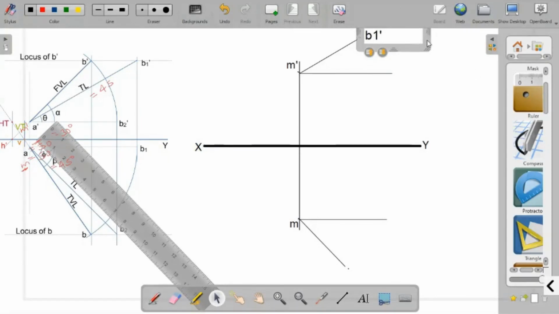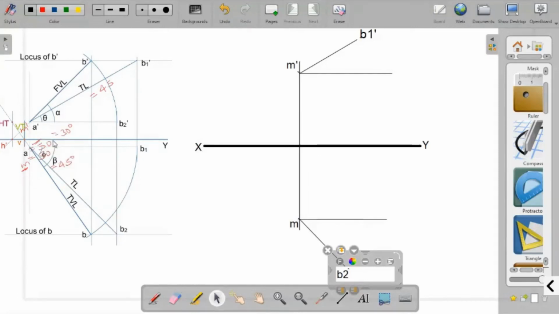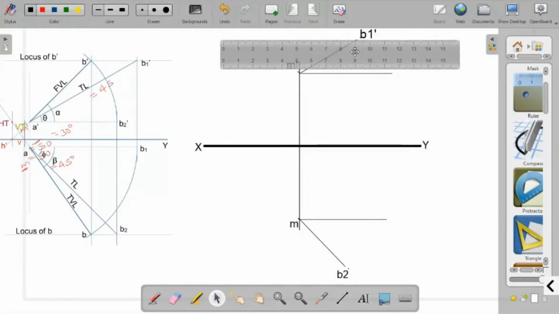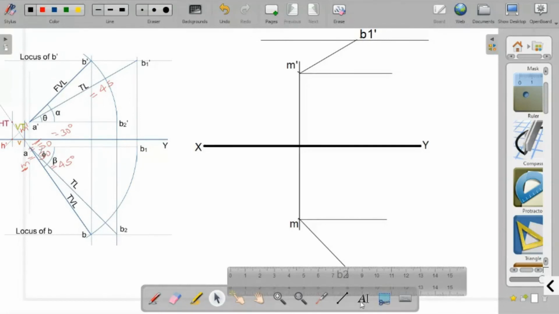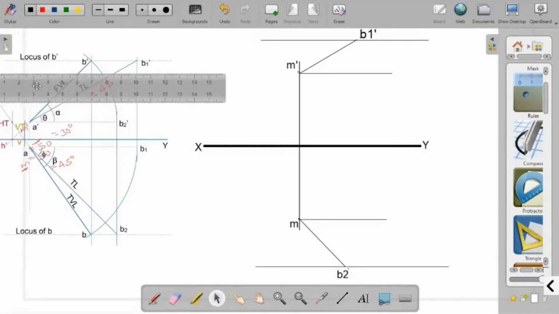There is point B1, B2. Now you can go for the locus. Locus of B dash. There is locus of B. Locus.